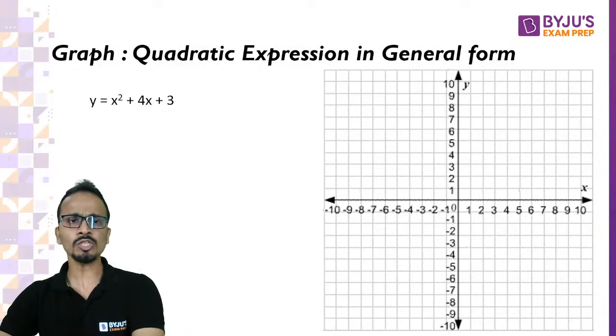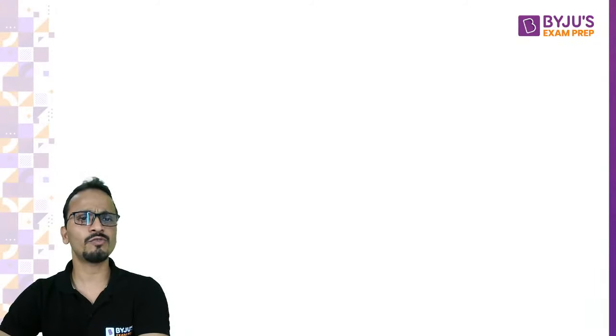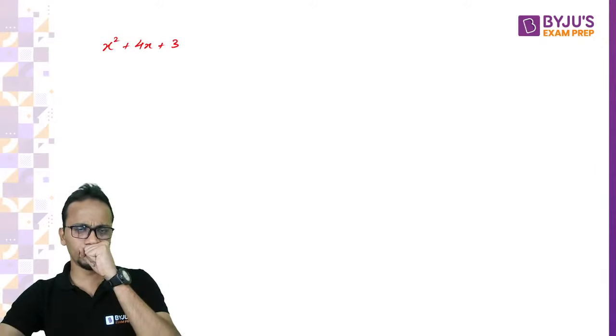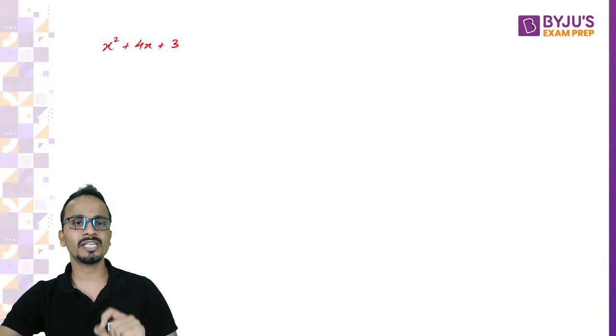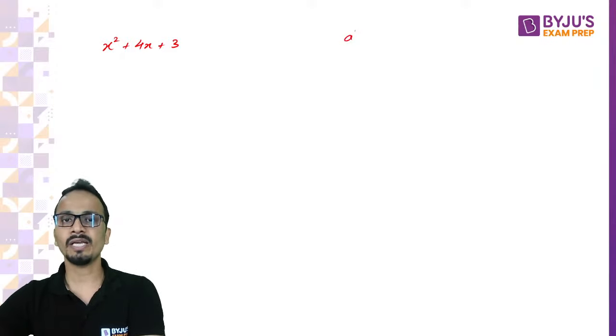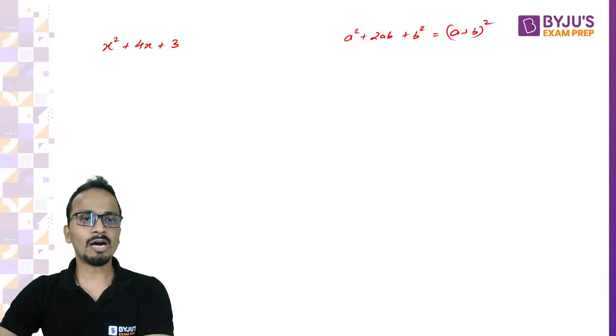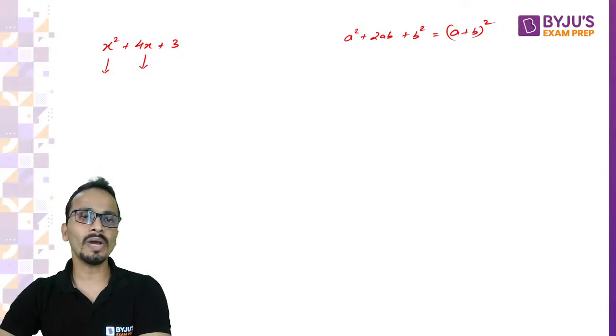Let's see the steps which can be used to do this. I'll use the formula a square plus 2ab plus b square is equal to (a plus b) whole square. I already have a square, and I will consider the next term as 2ab.